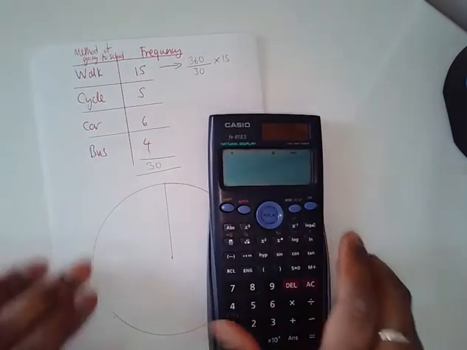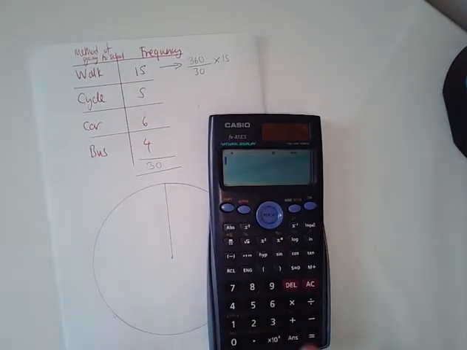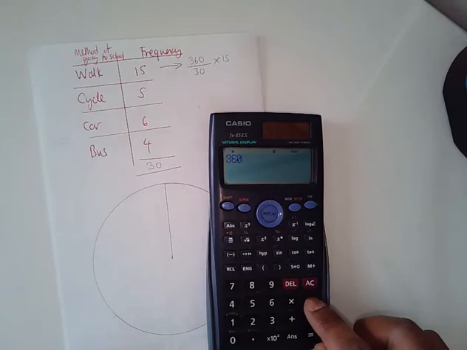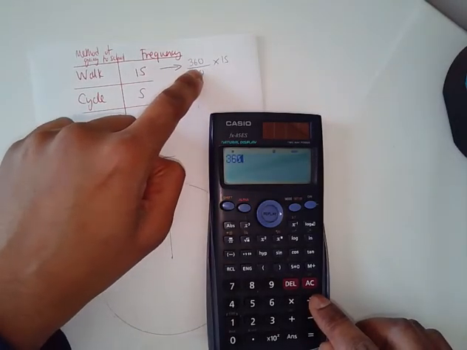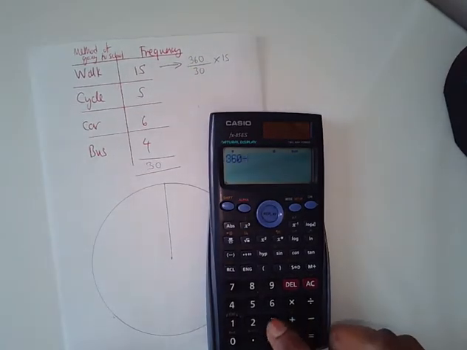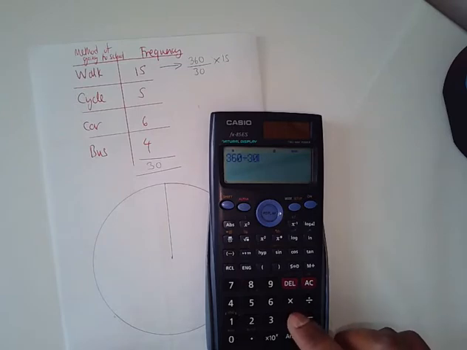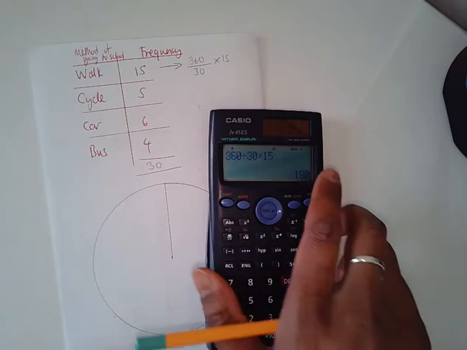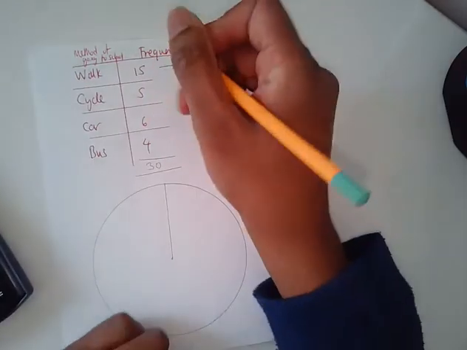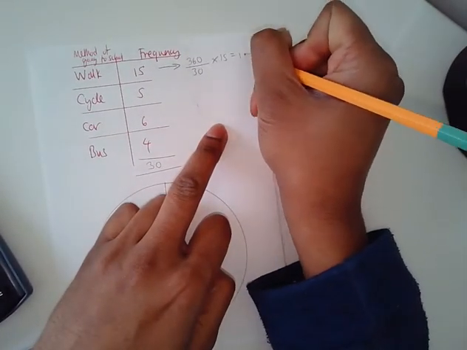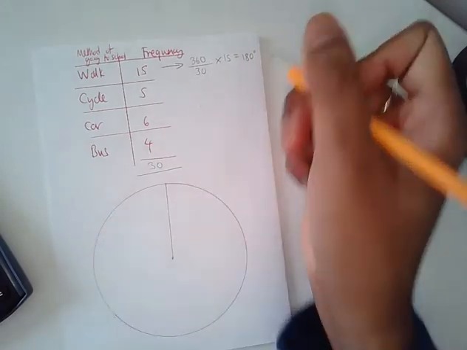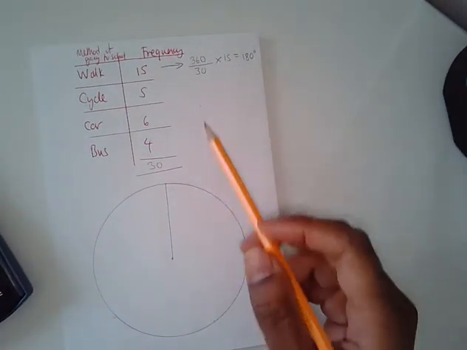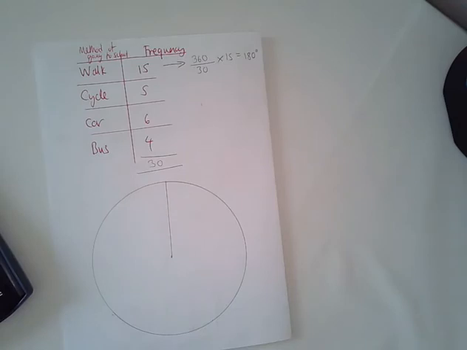So do that then. 360 divided, a fraction means division, divided by 30, times 15. That's 180 degrees. That's half the pie chart, and not surprisingly 15 is half of 30 anyway.